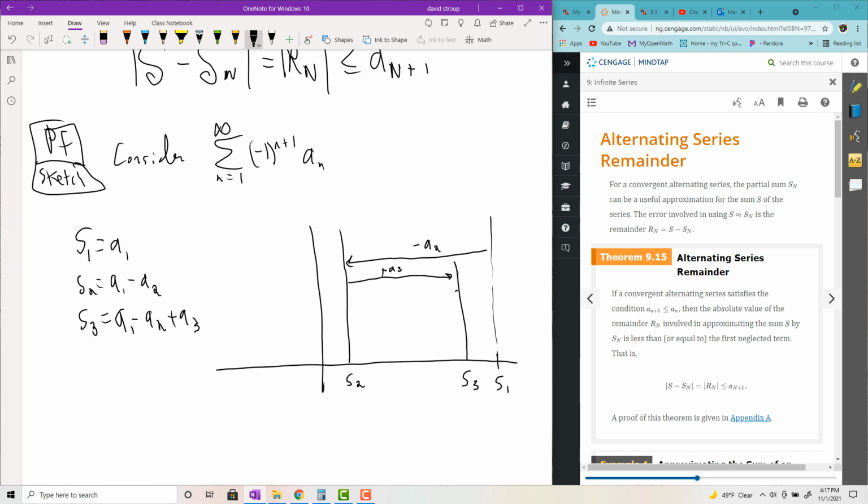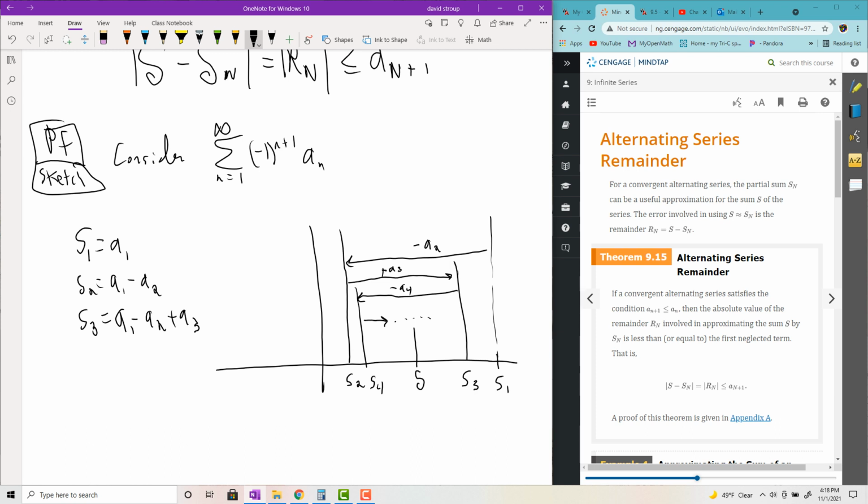And then you repeat. So you're subtracting away then a sub 4. And that would bring you to s sub 4. And you're basically building a sequence where the even terms are increasing and bounded above, and the odd terms are decreasing and bounded below. And if you continue this process over and over, well, you won't exactly get there, but you'll get to this number s.